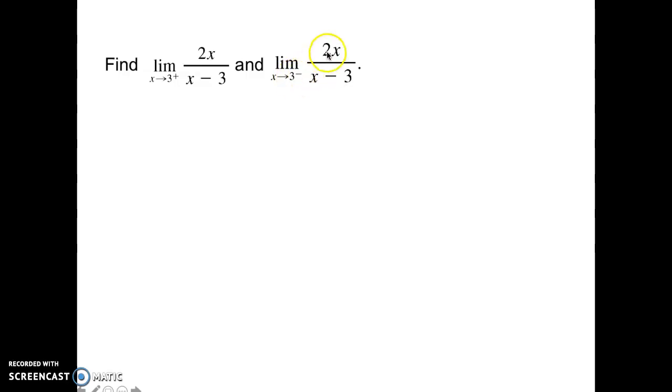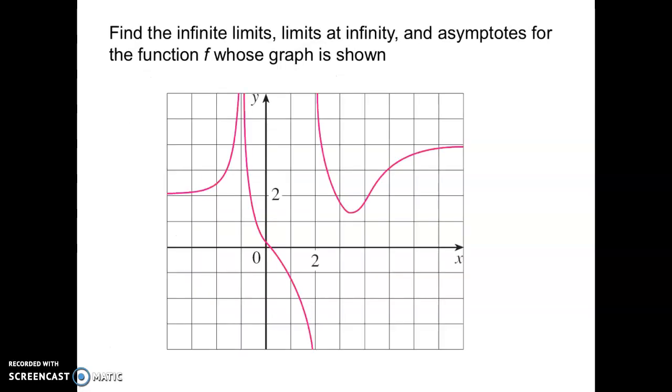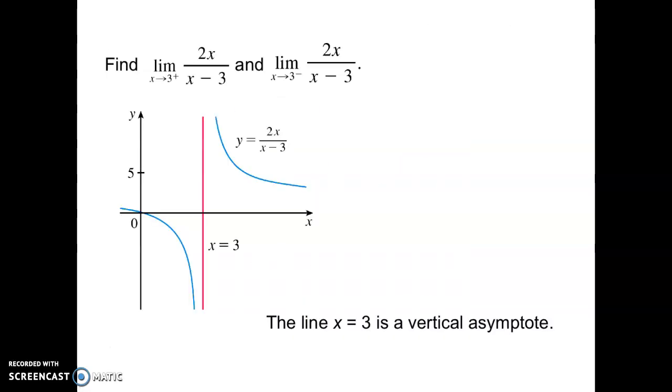If I put in 2.99, positive, negative, so I'd get, notice, I can do a little bit of work here just mentally, and I could figure out that as I approach 3 from the negative side, my curve is tending to negative infinity. I knew that there was going to be infinite discontinuity at x equals 3. Then I figured out how it actually is behaving. So we have a vertical asymptote at x equals 3.